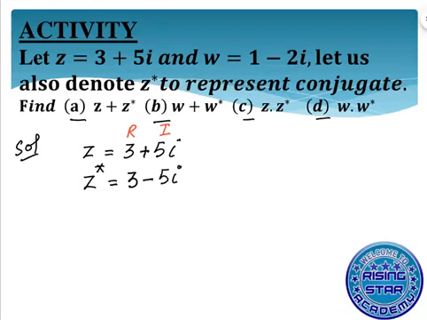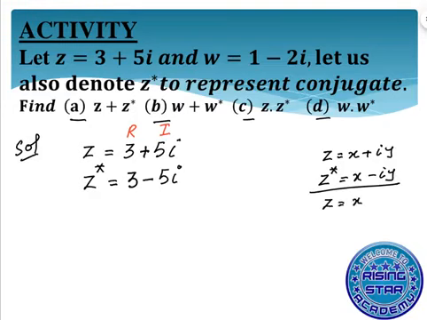So the sign of the imaginary part should be changed. And generally we can say that if z is equal to x plus iy, then the conjugate of z would become x minus iy. And if z is equal to x minus iy, then its conjugate would become x plus iy.